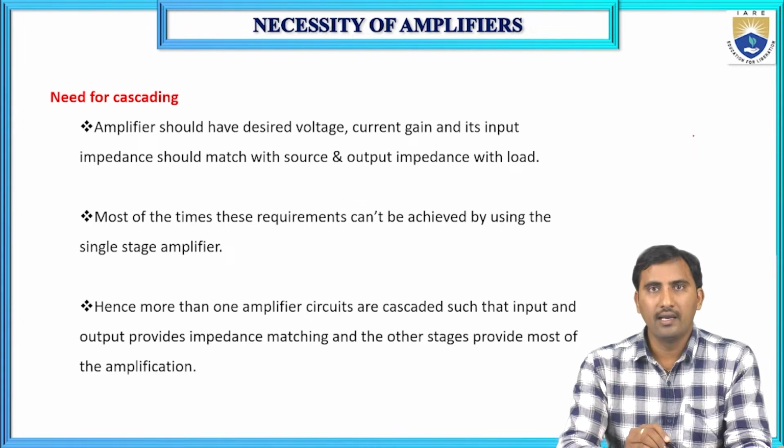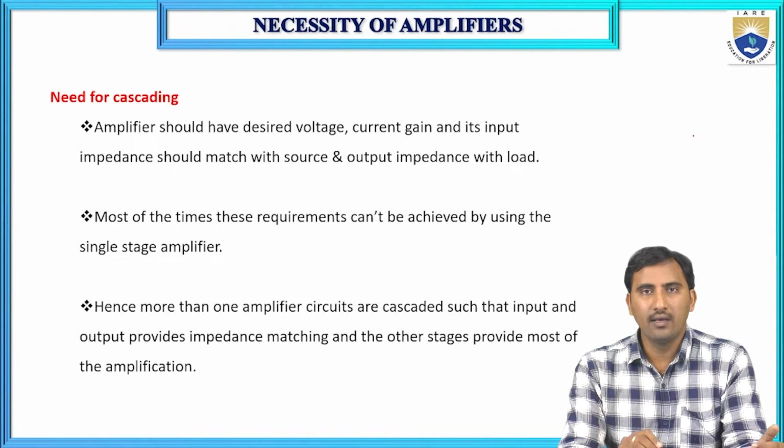An amplifier should have a desired voltage gain, current gain, input resistance, output resistance, like that. With a single amplifier we cannot achieve the desired voltage and current gains. That's why two or more amplifiers we are connecting in a cascaded manner. Cascaded manner means connecting the output of one stage to the input of the second stage.